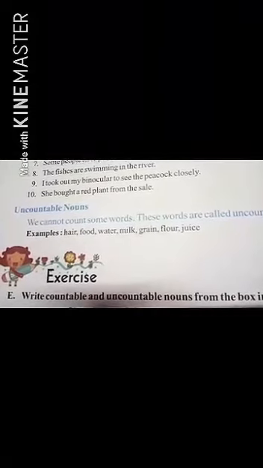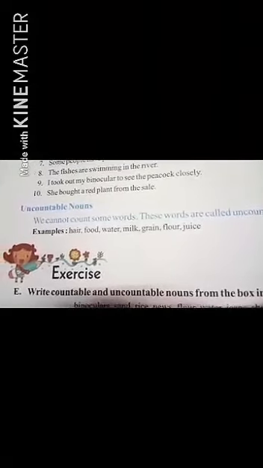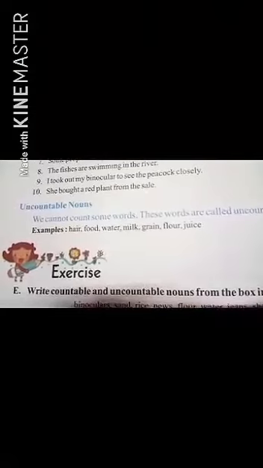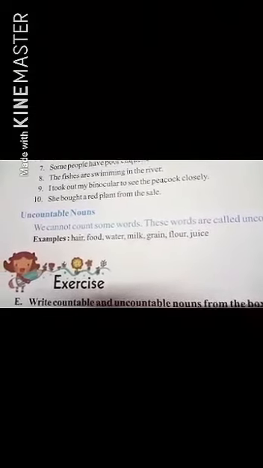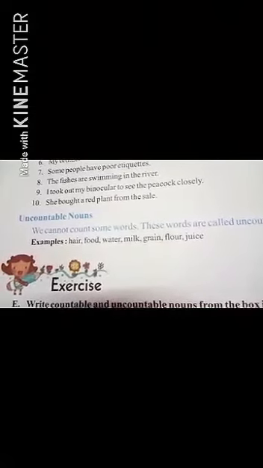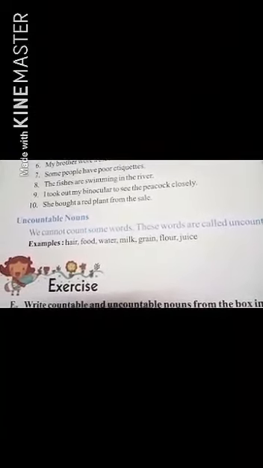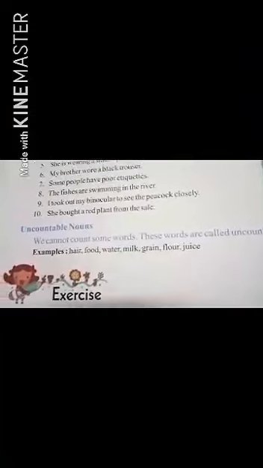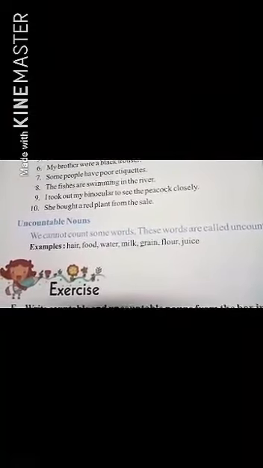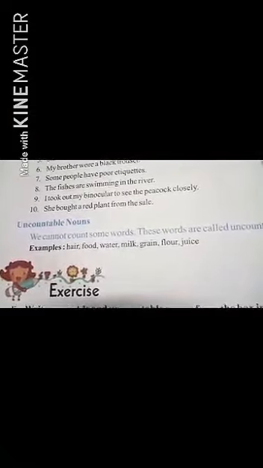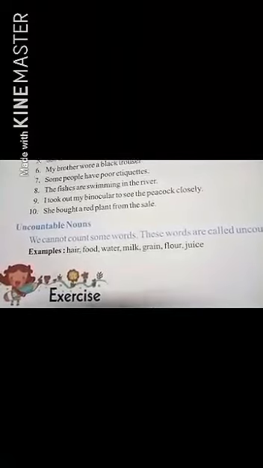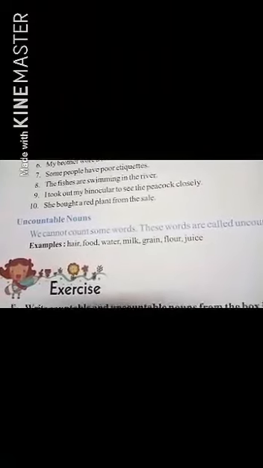So, how can we measure these words? We have to use some measure words to measure these uncountable nouns. For example, we can say a glass of water, a glass of milk, like this. So, we have to use a glass as a measure word to indicate how much the water is, how much the milk is.